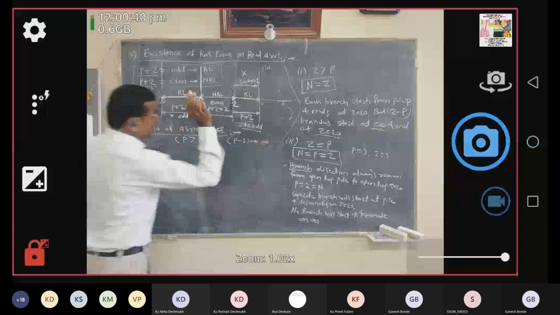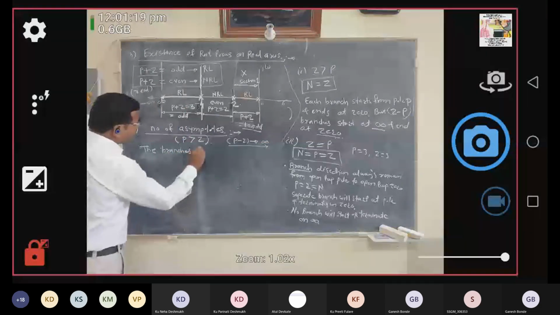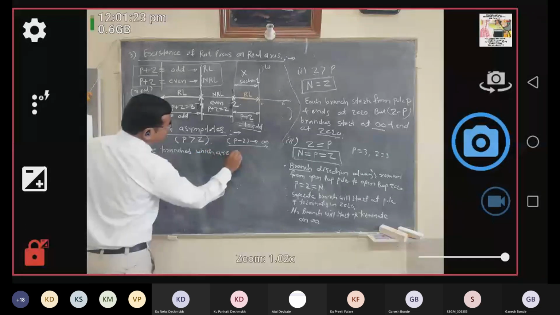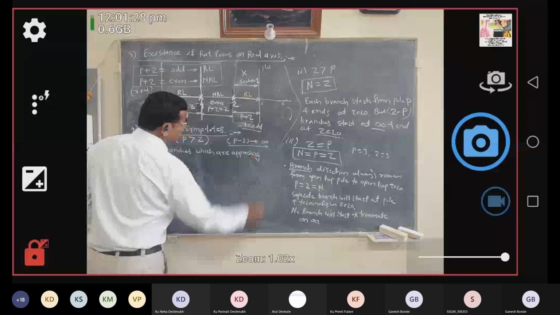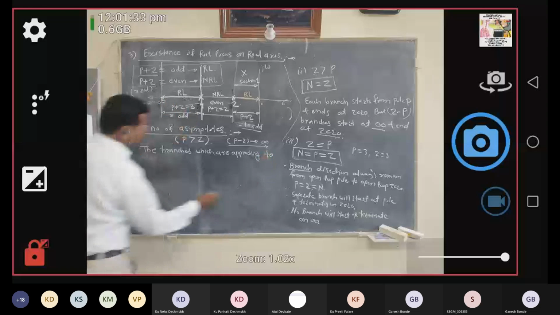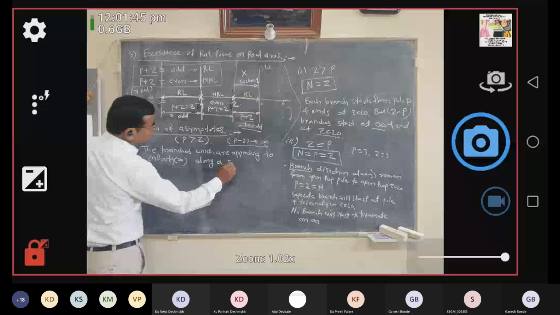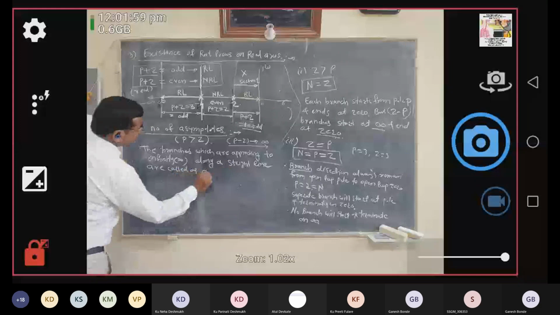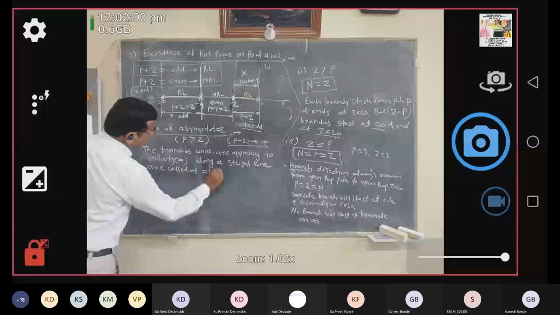The branches which are approaching to infinity along a straight line are called as asymptotes, and asymptote is nothing but the guideline for the branches.